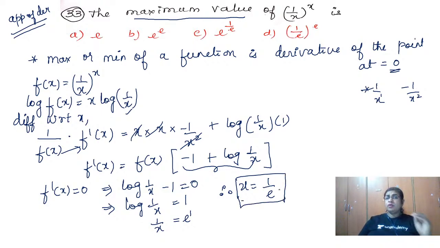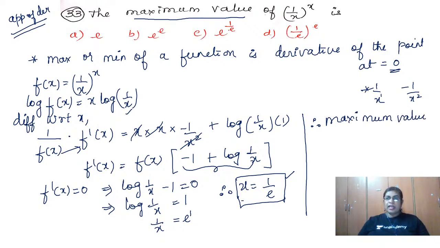Now whether you get 1 or 2 here, maximum value, how do you check? You substitute this critical point in the given question. Therefore maximum value of (1 by x) whole power x, that is f of x, is nothing but, where there is x, put 1 by e.